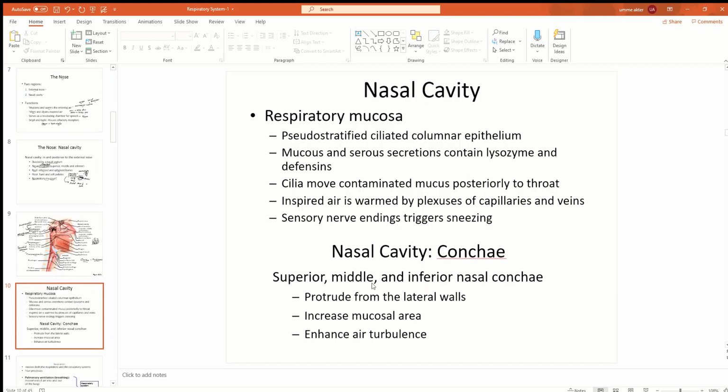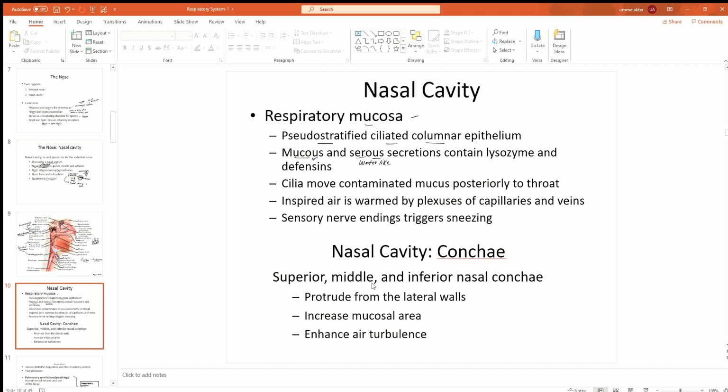Then let's move forward. I have already mentioned that the mucosa, the pseudostratified columnar epithelium, has cilia, right? And the mucus is slippery and sticky, and keeps the surface moist. Another type of secretion also occurs from the mucosa, not only mucus, called serous secretion, which is more watery, not slippery, more water-like, while mucus is the sticky, thick secretion.